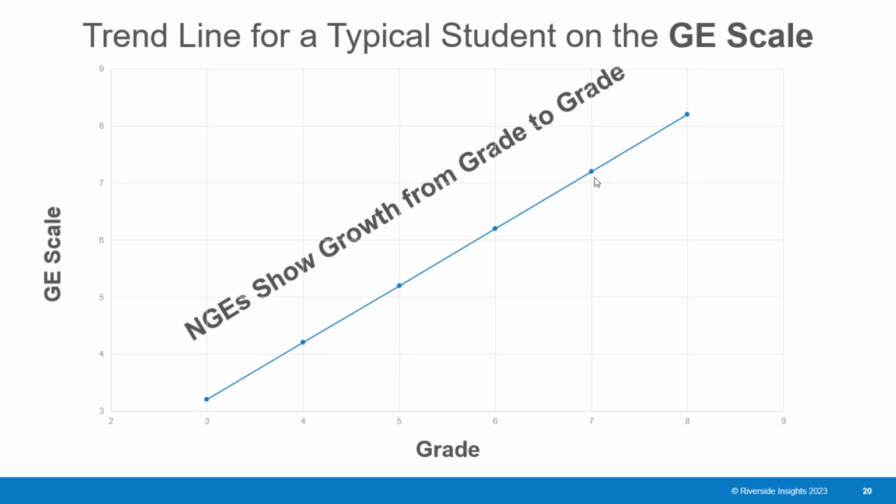It's not the case that the student is doing 7th grade work. The student took a 5th grade test and scored on that 5th grade test about the way a 7th grader would have scored if the 7th grader took the 5th grade test. But very often parents get that 7.2 and go home thinking, oh gosh, my child is ready for middle school, when that's not really the case.